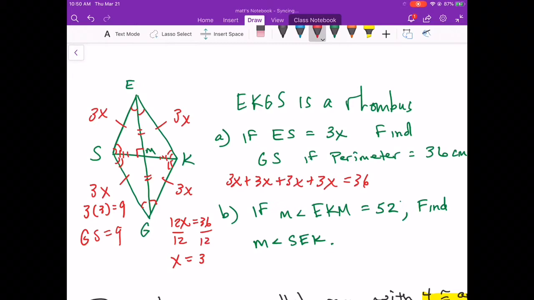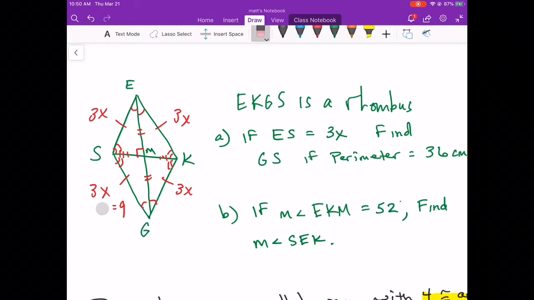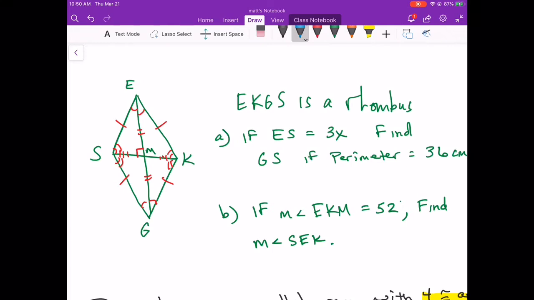Okay, part B, and I'll use another color just so it stands out a little bit better. If the measure of angle EKM, and I'll just clean up a little bit here. Hopefully you understand where GS came from. Leaving my markings, just getting some of these things out of the way. A little bit of housekeeping. Okay, the measure of angle EKM is 52 degrees.